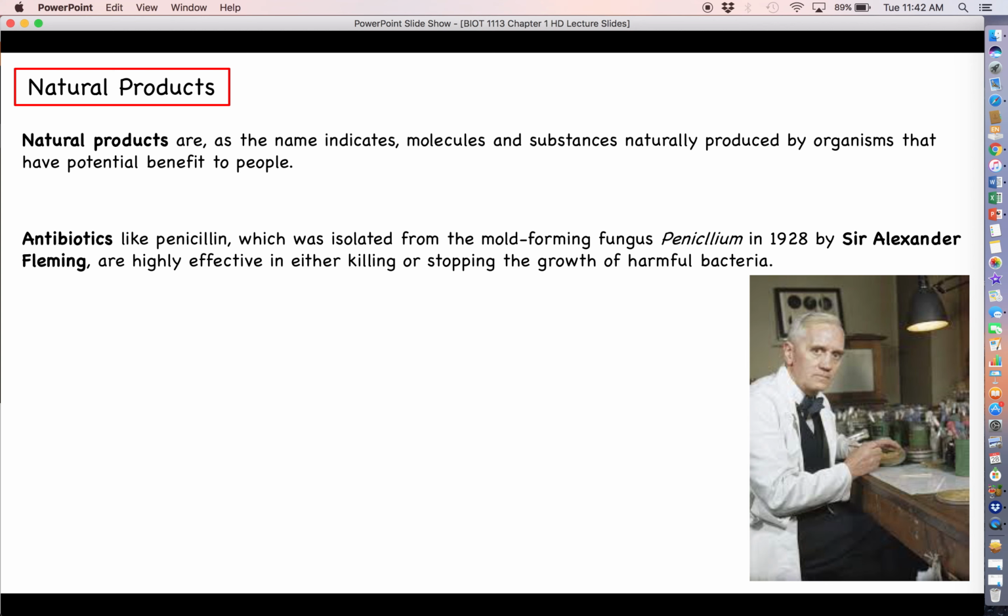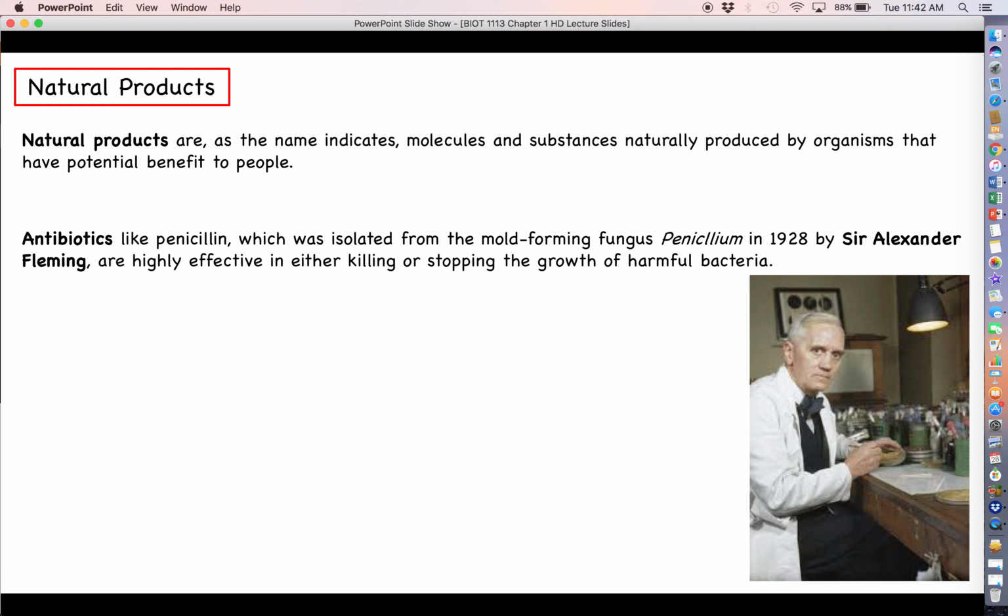Penicillin is a compound that is produced by a specific subclass of mold-forming fungi called penicillium. It was isolated and identified way back in 1928 by a Nobel Prize winner by the name of Sir Alexander Fleming.